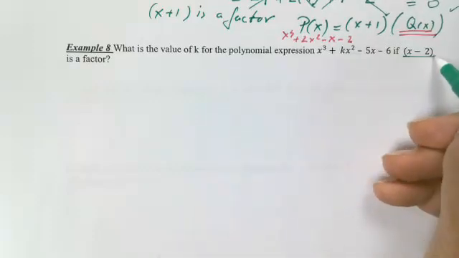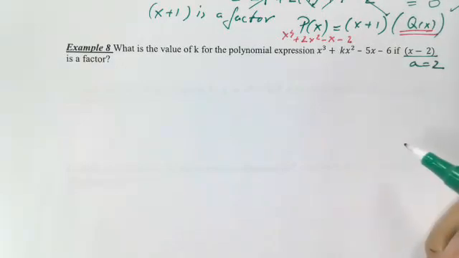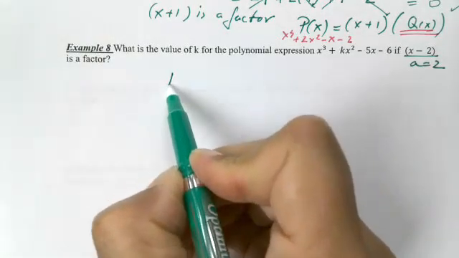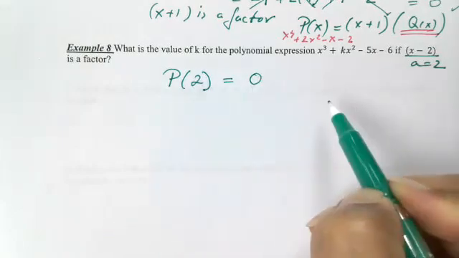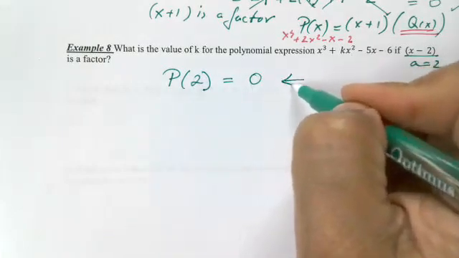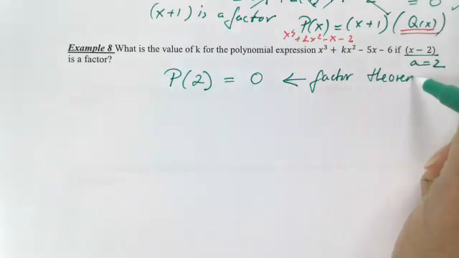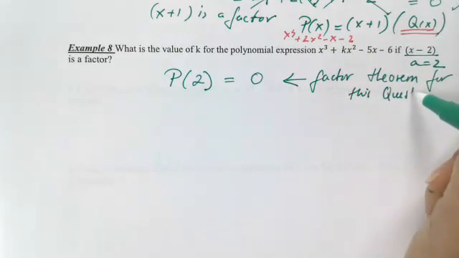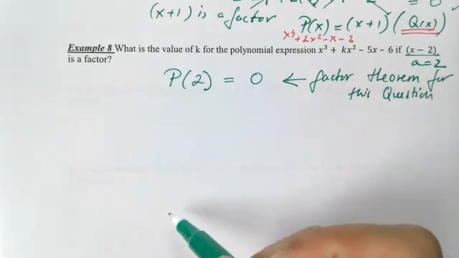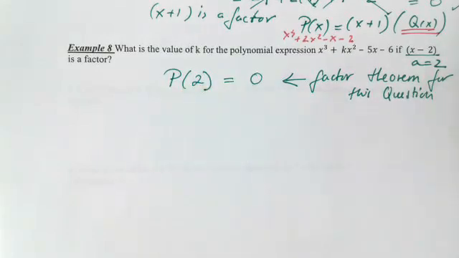Well, we look at the binomial x minus a, and we know a is the opposite, so a is 2. That means if it's a factor, p of 2 must equal 0. That's how we write the factor theorem for this question. It's different for each question because this number changes depending on the binomial that you're using.